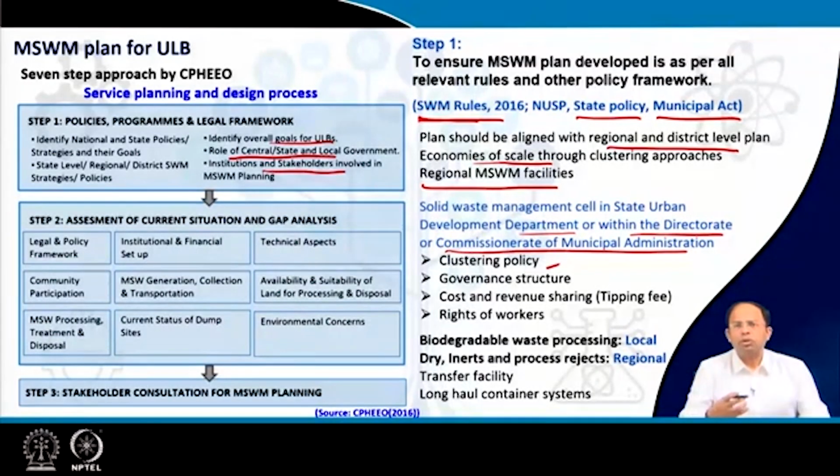That means which ULBs should be taken together. They also determine what would be the governance structure of the facilities or infrastructure or service provided in this clustered approach, and how to share the cost and the revenue. Because we are serving multiple ULBs, each has a different population, each is generating a different kind of waste, how we should share the cost, and also if some revenue is generated, how we can share the revenue.